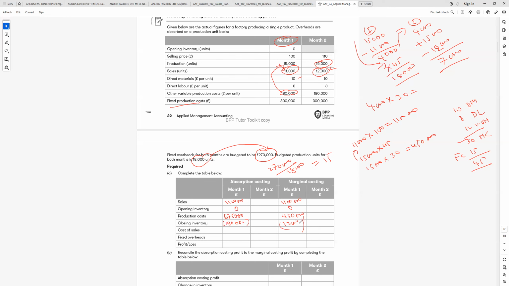So let's calculate the cost of sales. Cost of sales for month 1 under the absorption costing, we have 495,000.